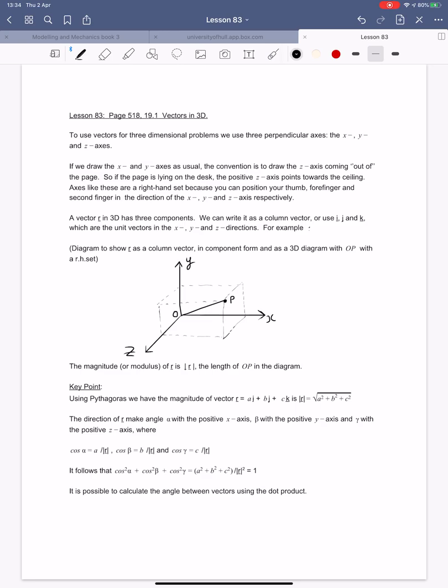So what we've got is it's that far in the x, that far up in the y, and that far up in the z. So they're the 3 dimensions. So this is R, the vector that takes us from O to P. The magnitude or modulus of R is mod R, which is the length of OP in the diagram.